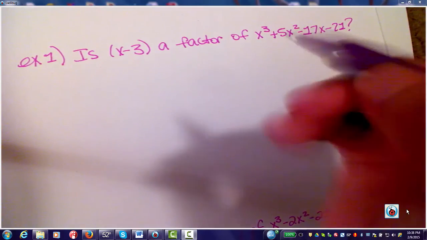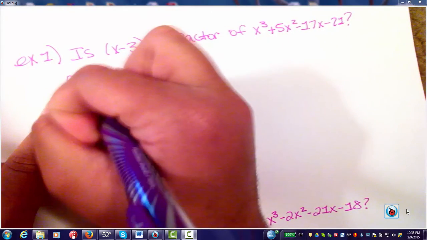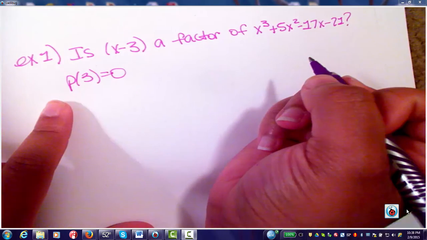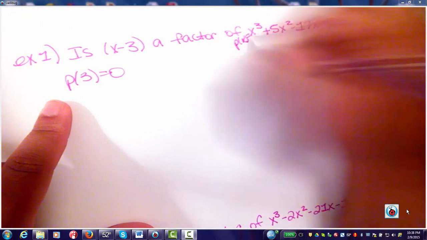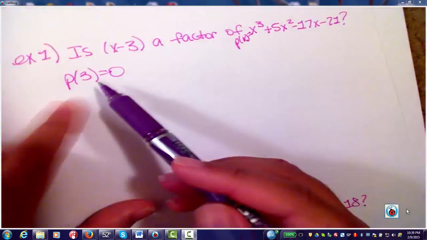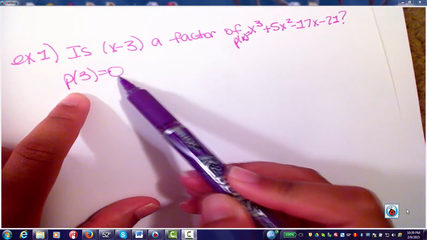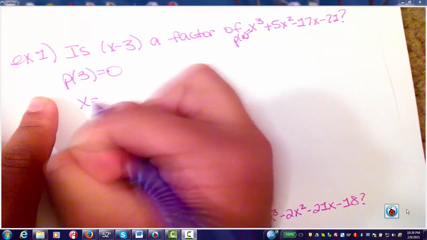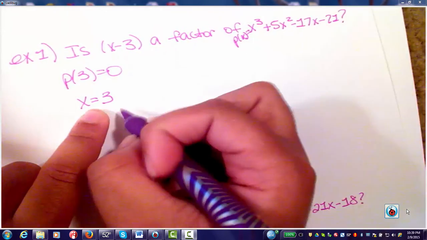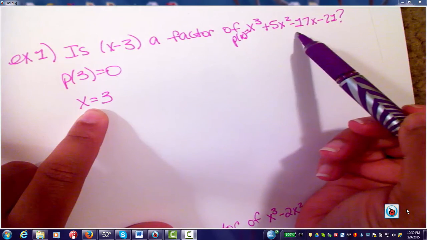So if we evaluate p of 3, we get 0. So let's say this is p of x. Alright, so based on the factor theorem, since we know that the remainder is 0, then we know that x equals 3 is an x-intercept and a 0 of this function.